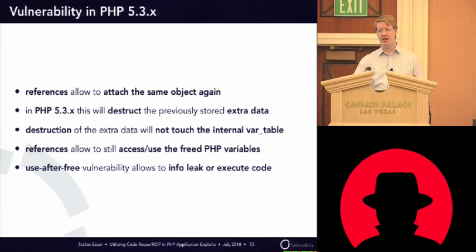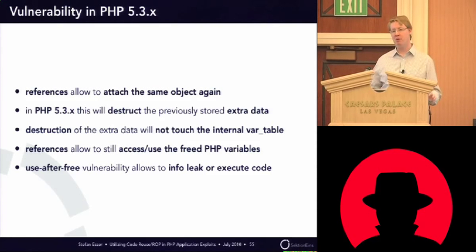What will happen is that in PHP 5.3, the extra data that was previously at the same key will be deleted. So this is not a problem at all, but the deletion is done inside the SPL object storage, so unserialize doesn't know about it.